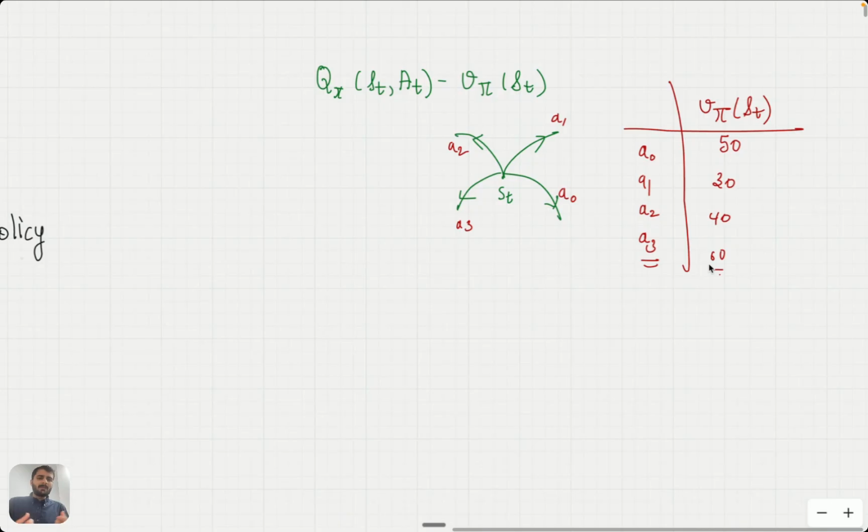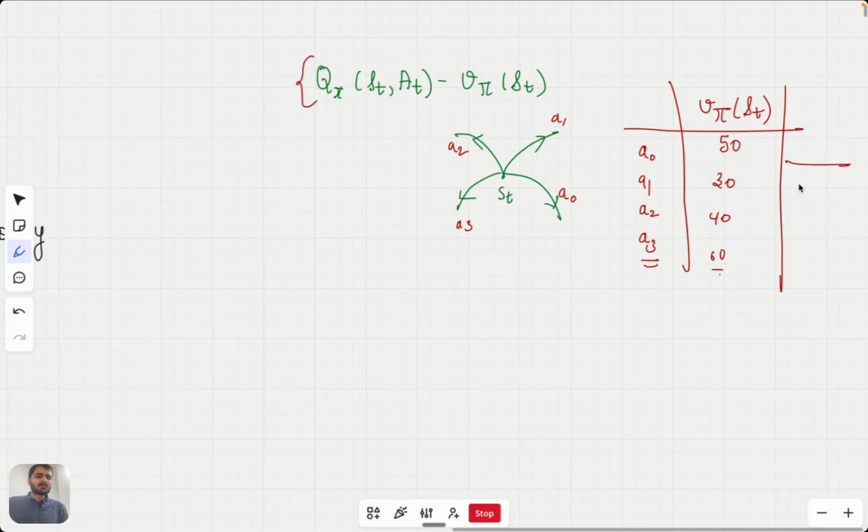This intuition can be mathematically represented in the form of an advantage function, which is given by this difference. So the advantage function for all these different actions would be minus 20, minus 10, and positive 10. The sign of the advantage function tells us a lot about how optimal the policy is or how much scope there is for improvement. And that's why this is popular terminology used in a lot of policy gradient algorithms.